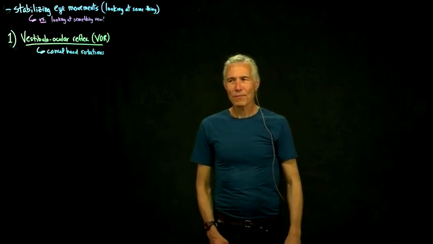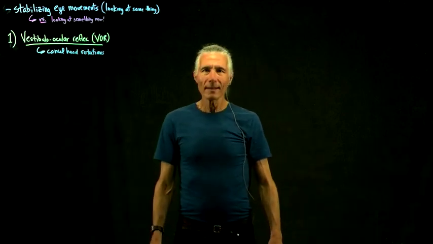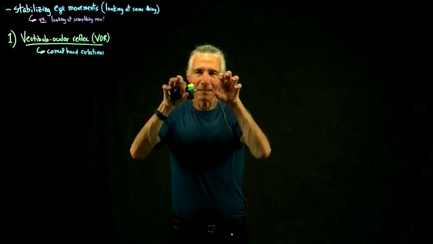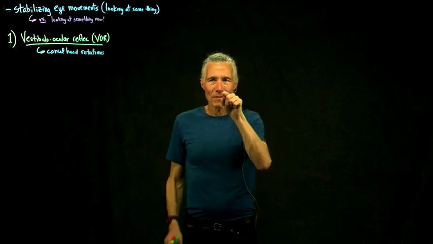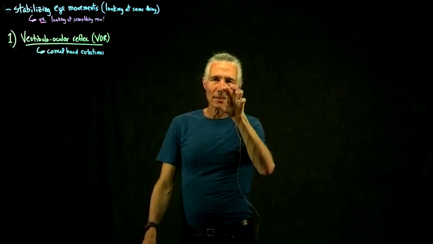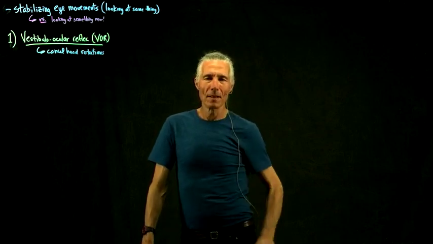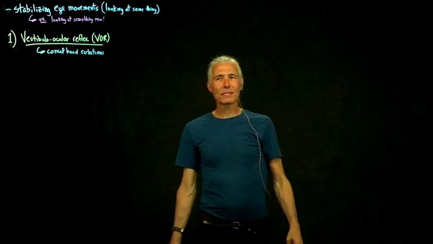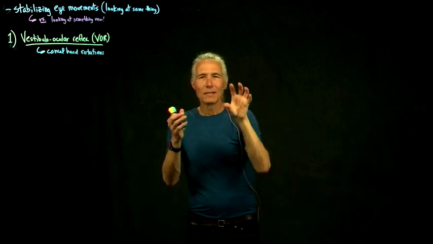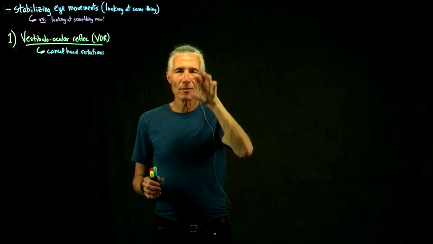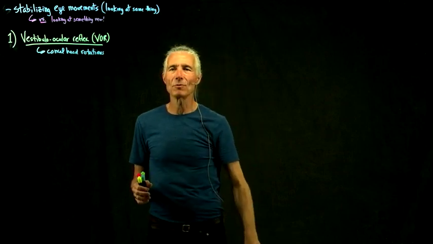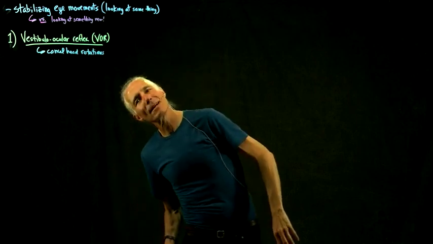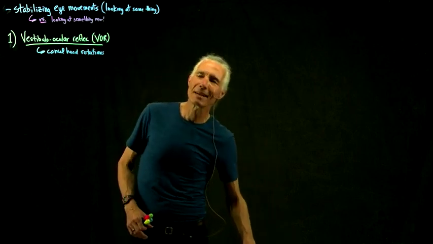It's a very high performance system, so I can look straight ahead and do something like about this fast, and my eyes are just keeping my eyes looking stably at whatever I'm currently looking at.